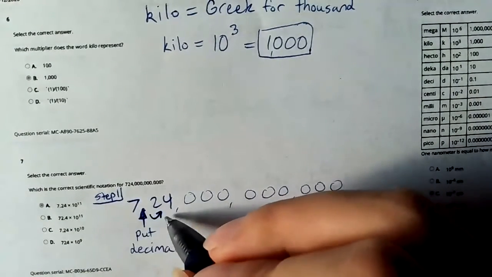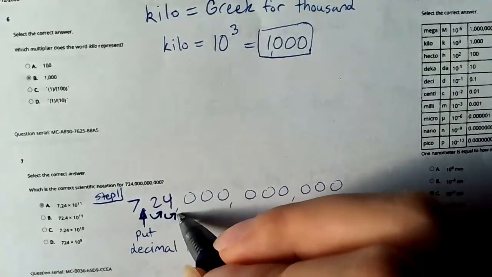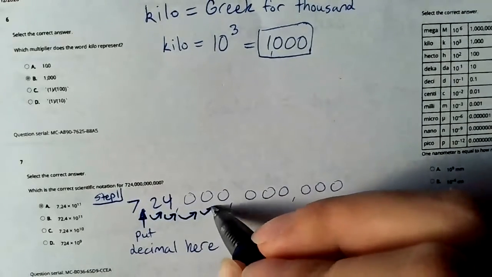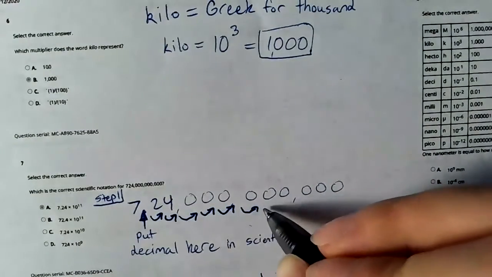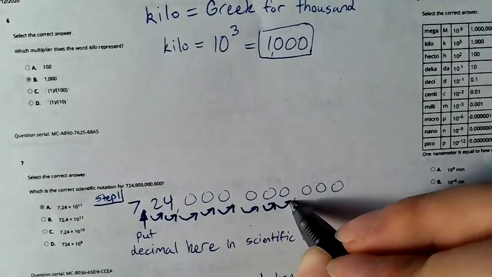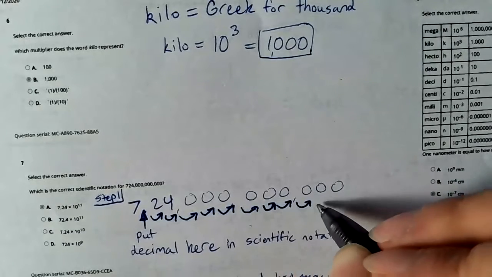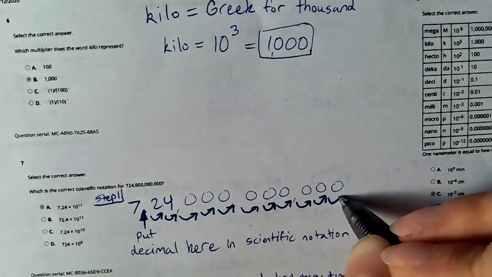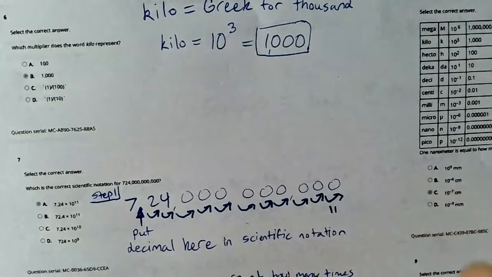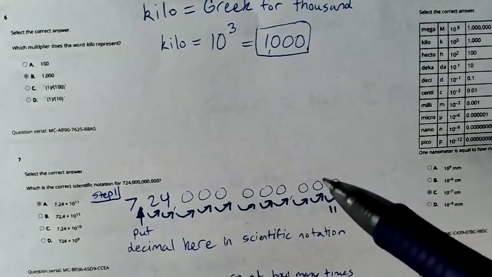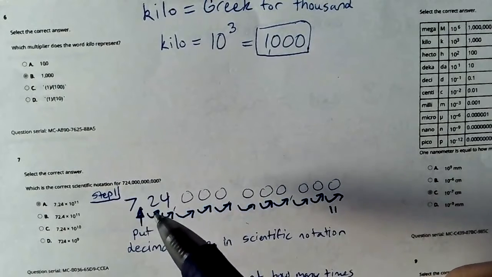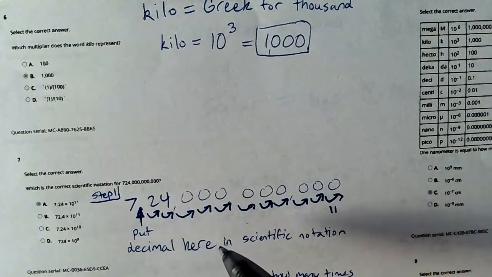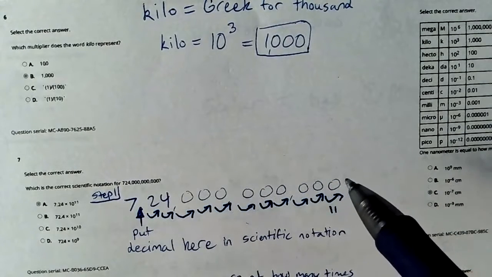So 1, 2, 3, 4, 5, 6, 7, 8, 9, 10, 11. So we moved 11 times to the right. If we're going to put the decimal point after the first number, you move the decimal 11 times to the right.